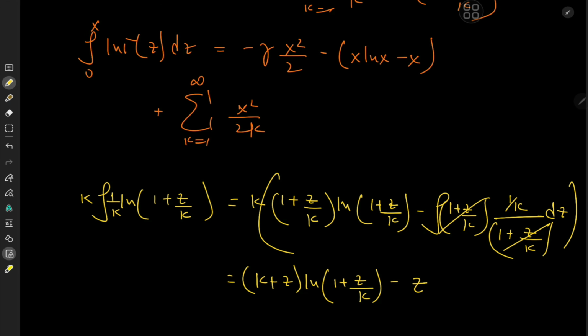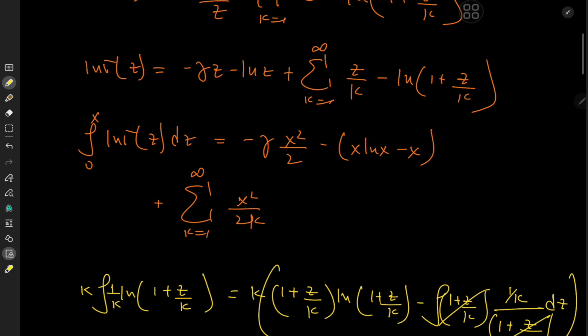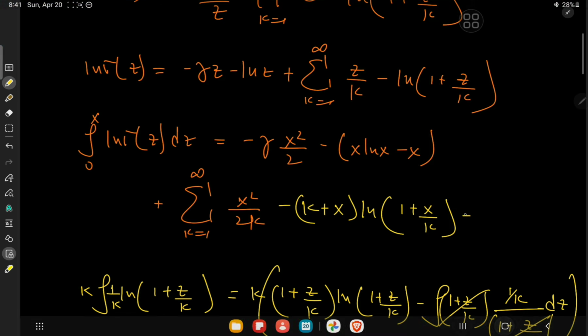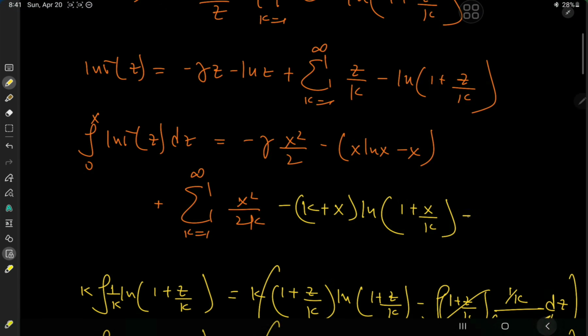And of course, because of the limits of integration, as z approaches 0, we have log 1, which is 0, and as z approaches 0, we have 0, which is equal to 0 last time I checked. So we're left with x, and that means we have a negative sign, (k plus x) times the logarithm of 1 plus x over k, and the two negatives cancel out, and we have an x term over there.